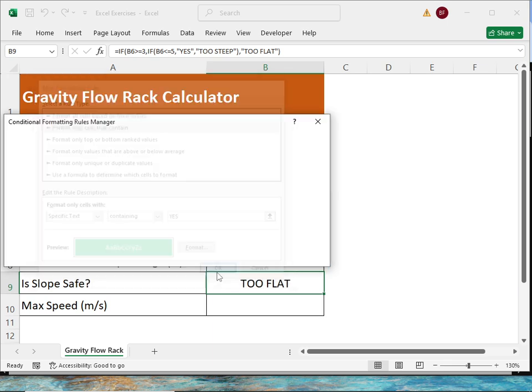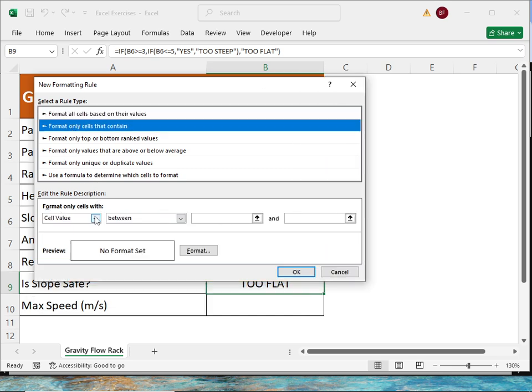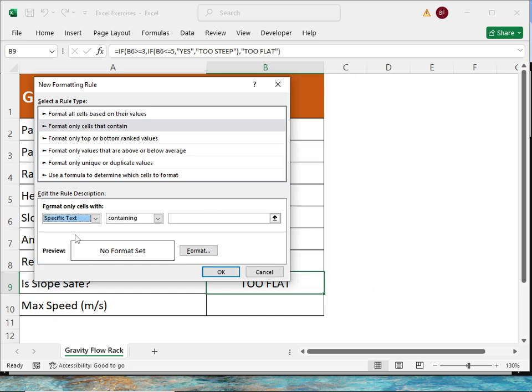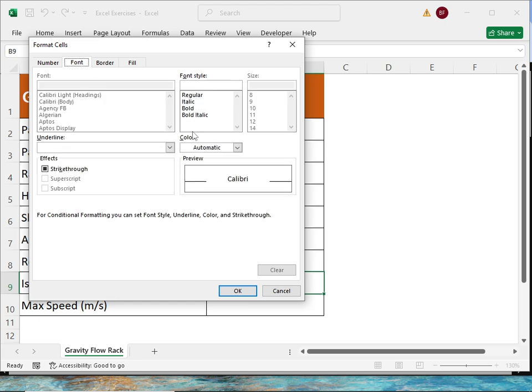Then I'm going to add another new rule: format only cells that contain specific text, and the other one is TOO STEEP. For this, the fill would be red and the font would be white.